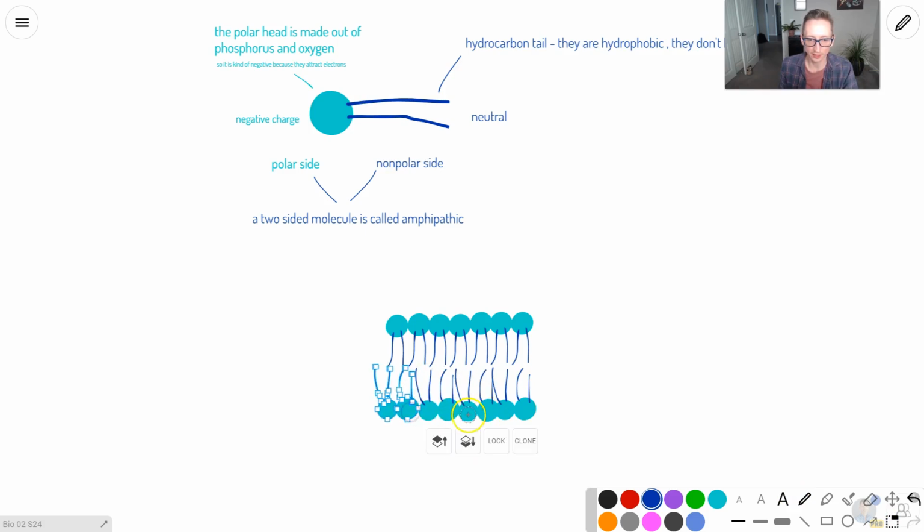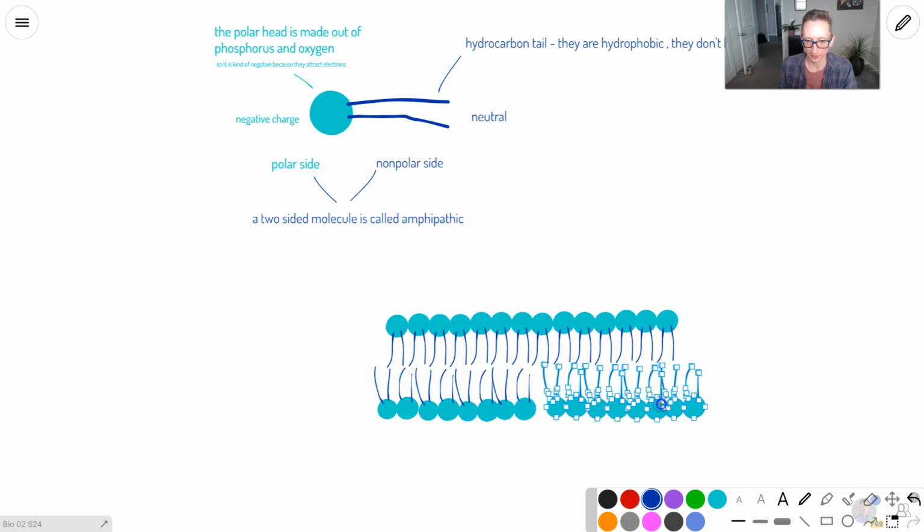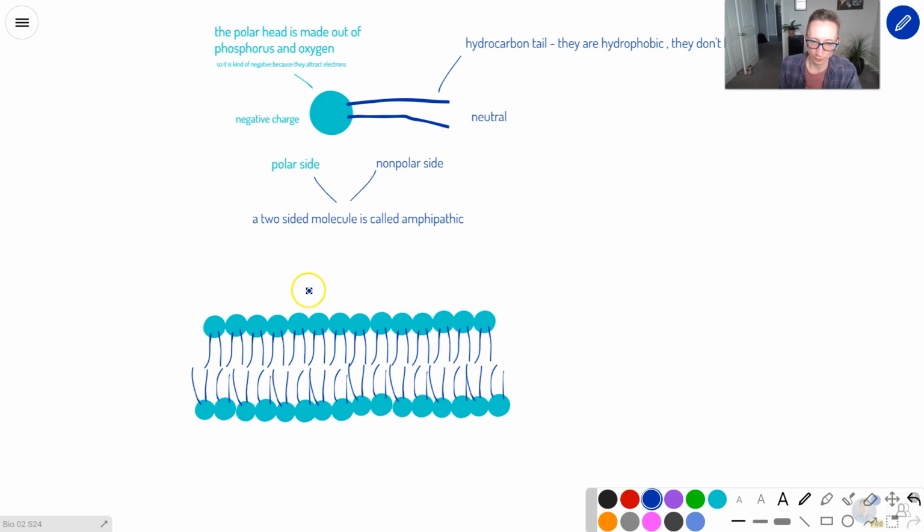And so then on the outside here, I'll talk more about this in the future when we talk about cells. So on the outside here, we will have a bunch of water molecules. So water will be on this side and water will be on this side.